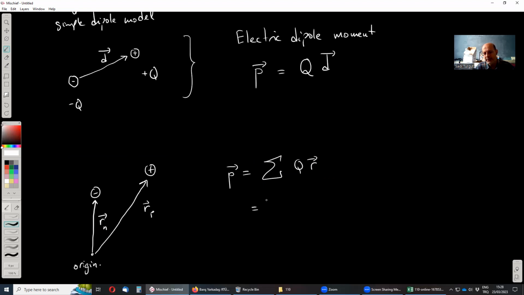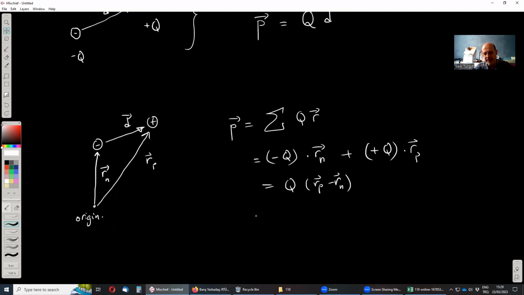You multiply the negative charge with the position of the negative charge, and then add the product of the positive charge with the position of the positive charge. You can see that this formula gives you Rp minus Rn, which is essentially the relative position between these two particles. That's equal to the D that we have defined over there.